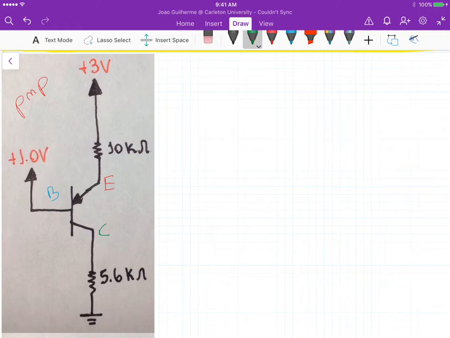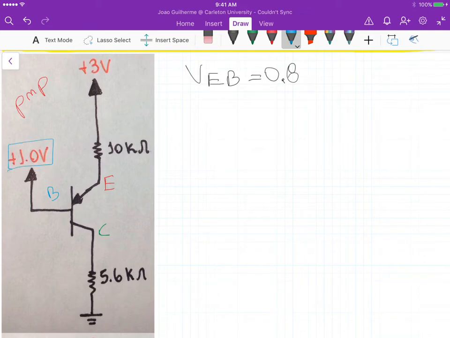So we know from PNP that VEB is equal to 0.8 from the problem. If we look at the circuit, we know that the voltage here at the base is this 1 volt, right?